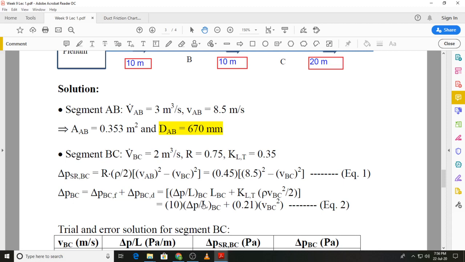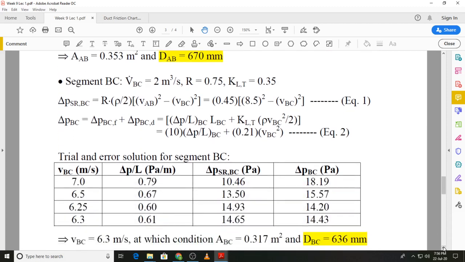So that is why we need an iterative method or a trial and error solution, and I will now move on to that solution.